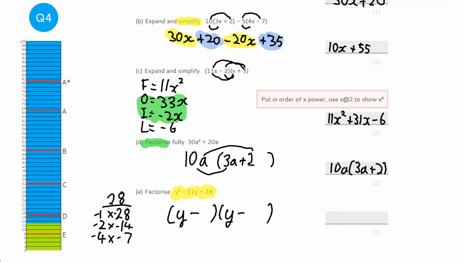So we think 4 times 7 is 28, and negative 4 plus negative 7 is going to be negative 11. So the answer is going to be y minus 4, y minus 7. Now there are a few different methods to each of these questions, so if you've got a perfect method that you like using, stick with it and that's absolutely fine.